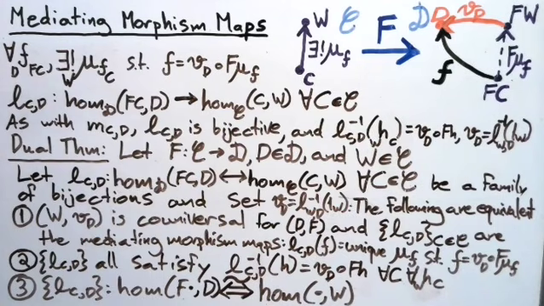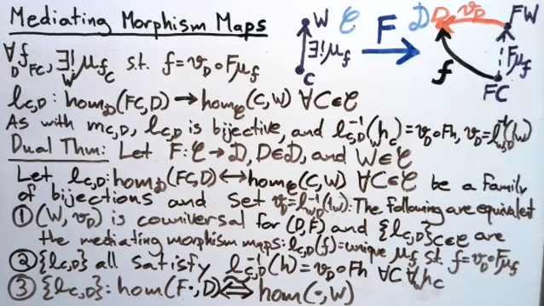Then the following are equivalent. So W, VD is co-universal for D and F, and LCD are the mediating morphisms.